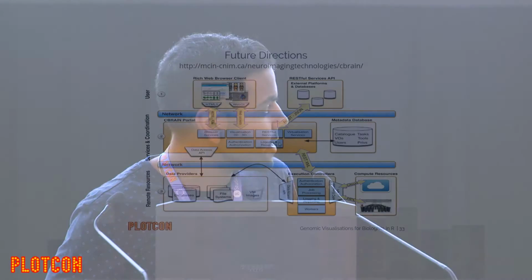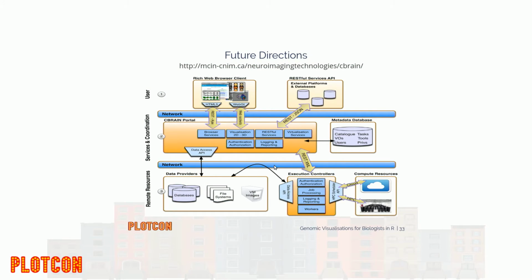So basically they're researchers, and they have this data, but they don't know how to normalize it, they don't know how to analyze it, but they still want to conduct these experiments on their own. And so what this platform does is you basically input the data, and there's a whole bunch of things going on behind the scenes, but what the user sees really is just this kind of web client.